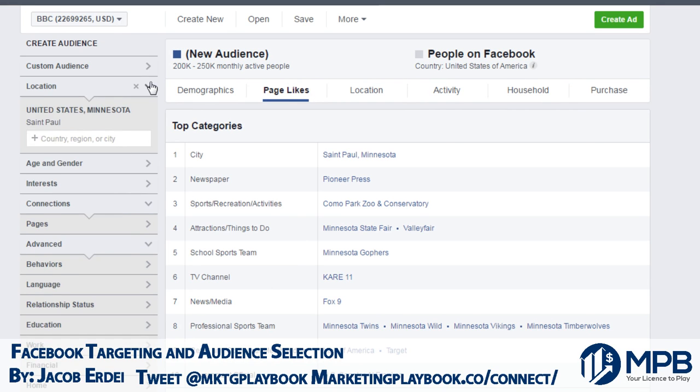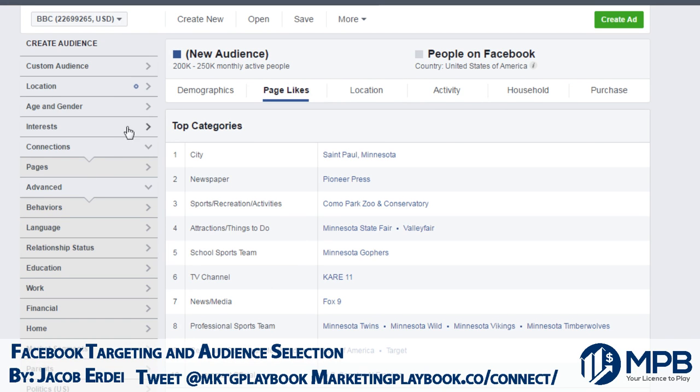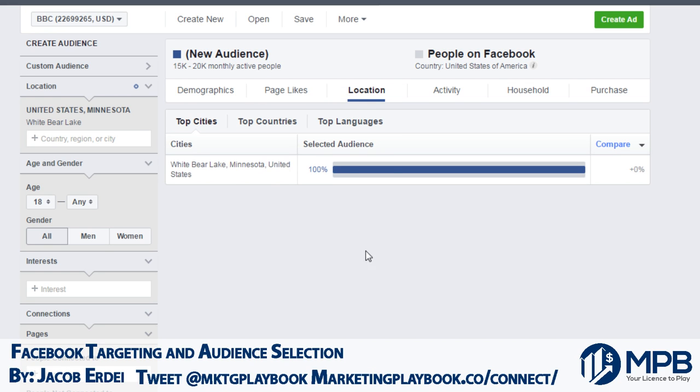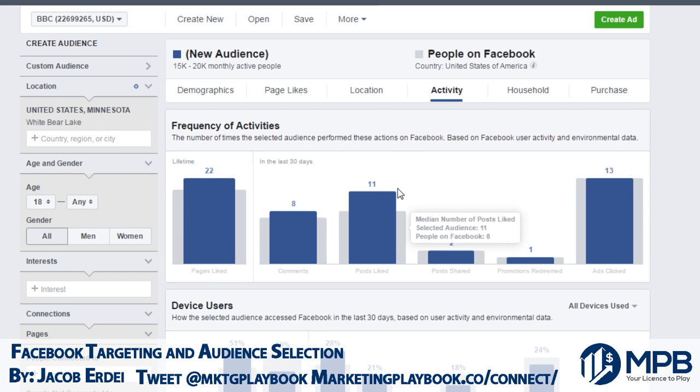So I haven't really done anything there yet. I'm just trying to gauge overall what my market might look like. So we're going over to location. Location should be the same for both of them because I'm targeting here just White Bear Lake, and the other one's St. Paul.